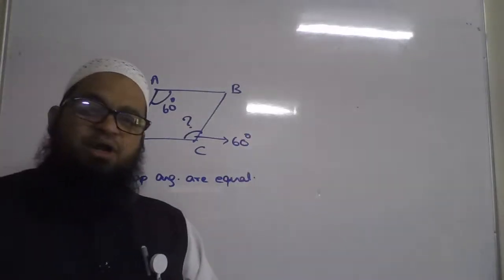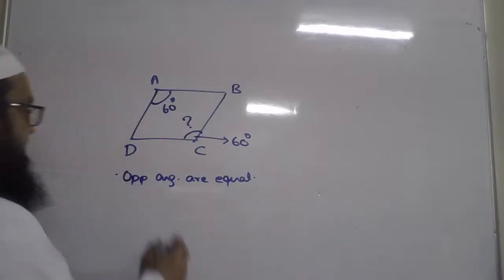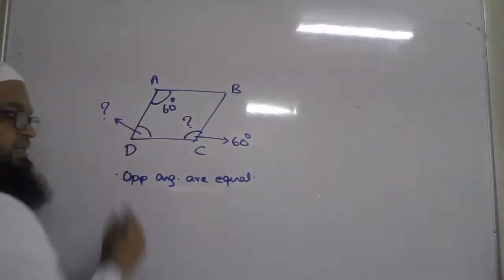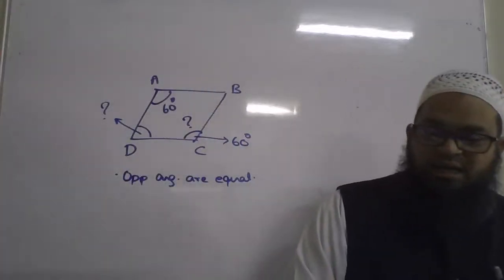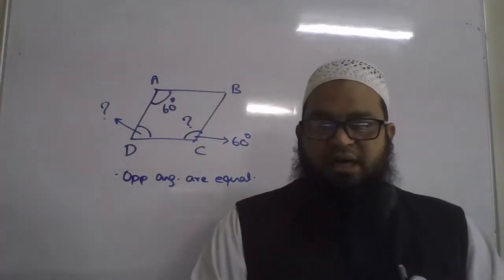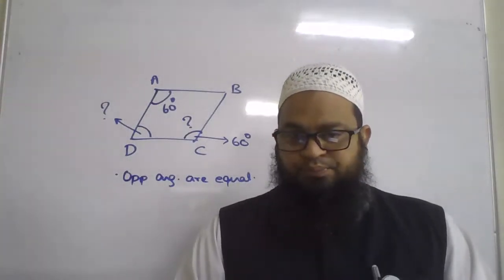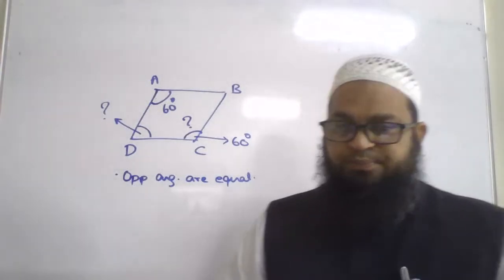Now can I add one more thing? Can you please tell me what is angle D? Angle D is equal to how much? Shall I remind you of a concept?